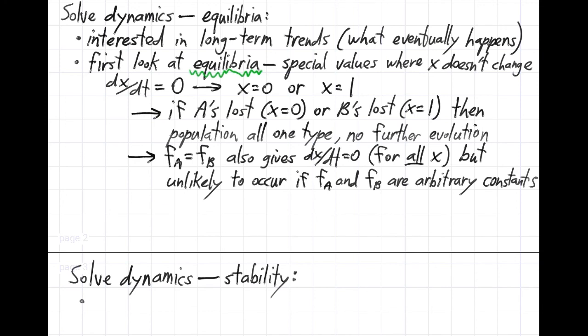We already saw that the limiting frequencies, x equals 0 and x equals 1, are equilibria. The population doesn't change in structure anymore. But what about in between? We're interested in what happens for all x in the range from 0 to 1.